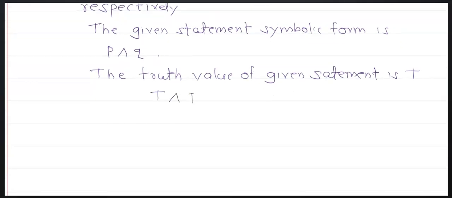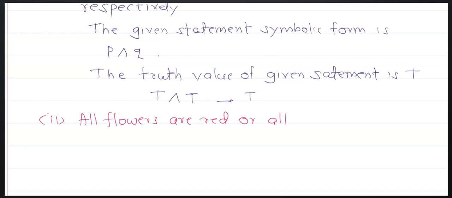Next: all flowers are red or all cows are black.